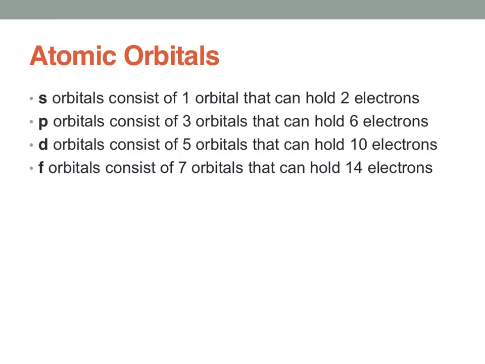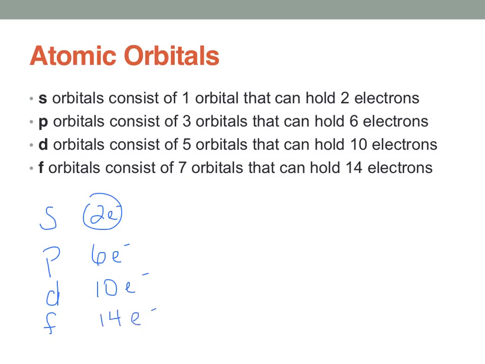What I want you to understand is that an S orbital is made up of one orbital. It's just spherical shaped. So an S is just a sphere, and it can hold 2 electrons. And then a P orbital, with my fancy little drawing, can actually hold 6 electrons. A D orbital can hold 10 electrons, and an F orbital can hold 14 electrons.